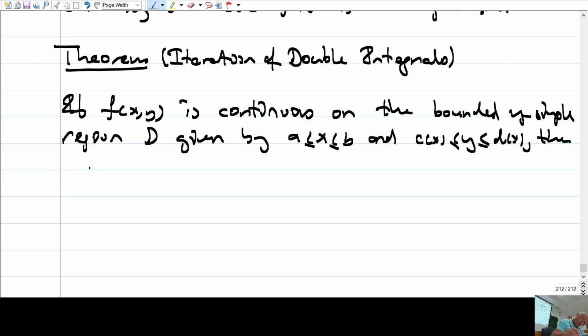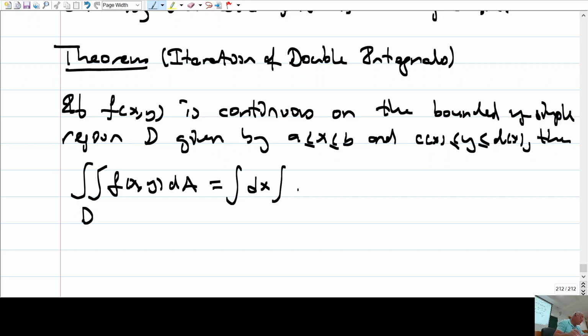f(x,y) dA is equal to the following. First, I have this notation: the integral from a to b, of the integral from c(x) to d(x), of f(x,y) dy.